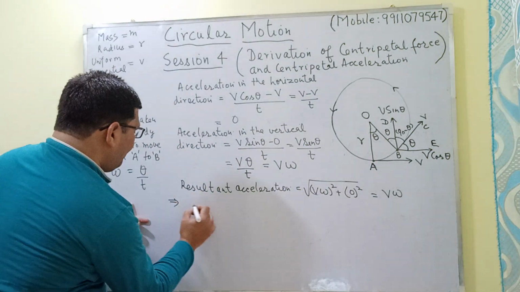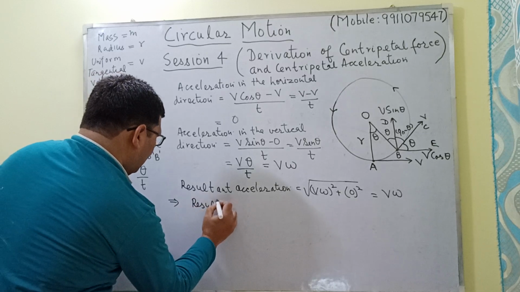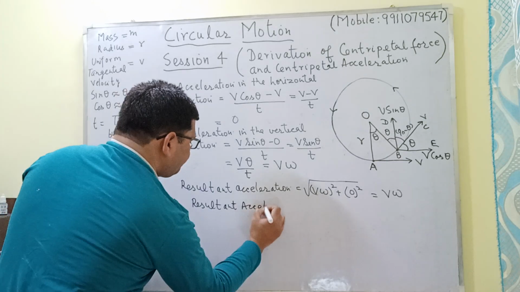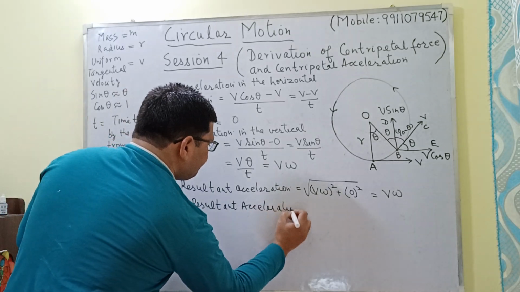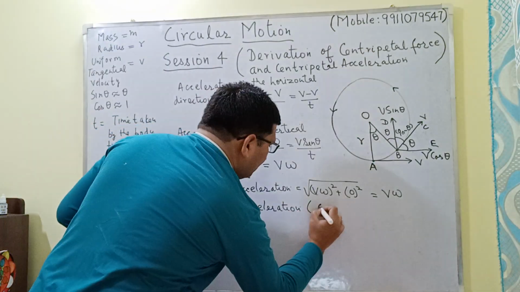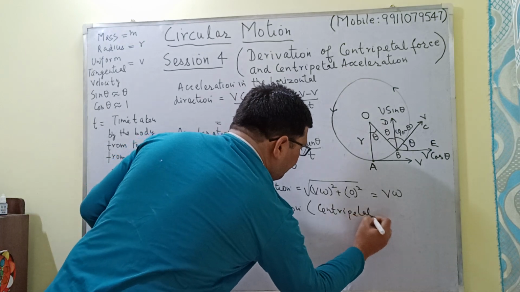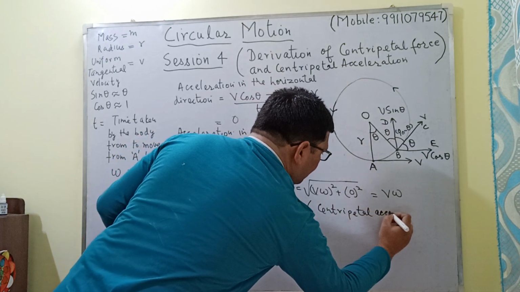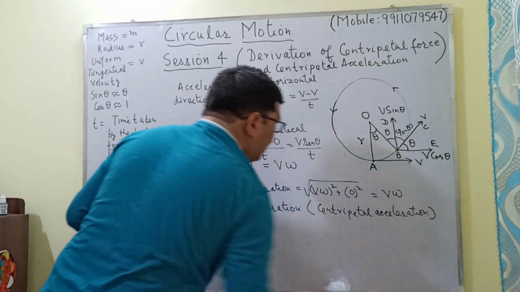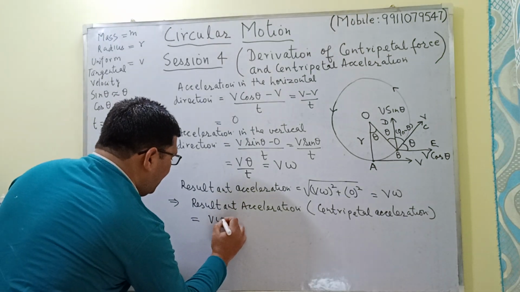So it implies that the resultant acceleration, or the centripetal acceleration, is equal to V omega.